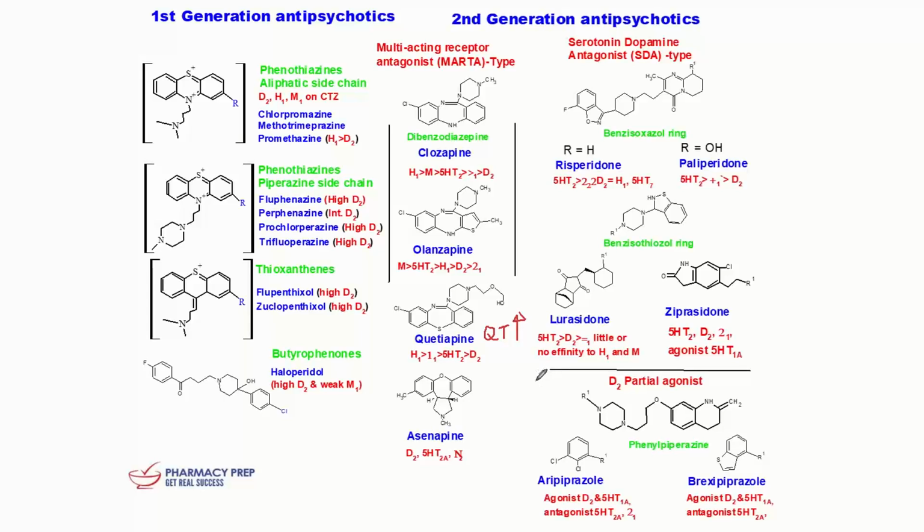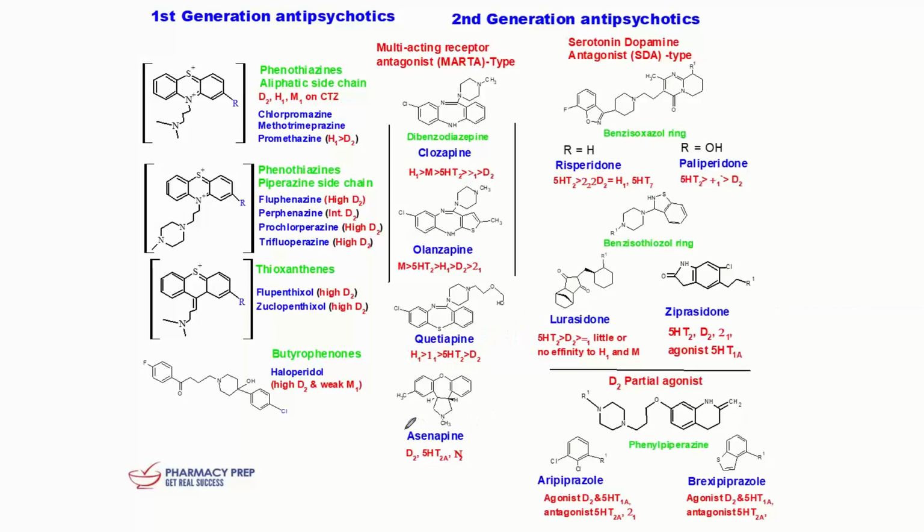So these are a few important points for quetiapine: sedation and orthostatic hypotension, obviously less extrapyramidal side effect, and also higher metabolic syndrome, which is diabetes, and cholesterol is much higher compared to other drugs. However, slightly less than olanzapine. Olanzapine is the best answer for this category.